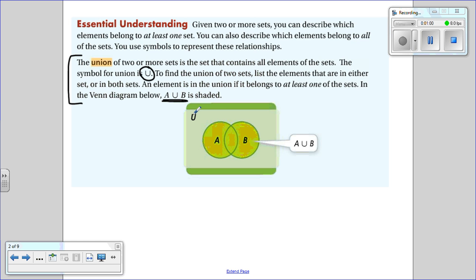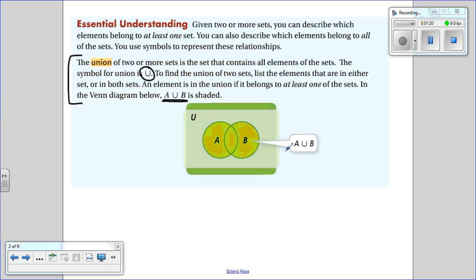So we're going to say that this is U for the universal set, which is everything that we're talking about. A is one set of things, B is another set of things. The union is anything that falls in these circles.